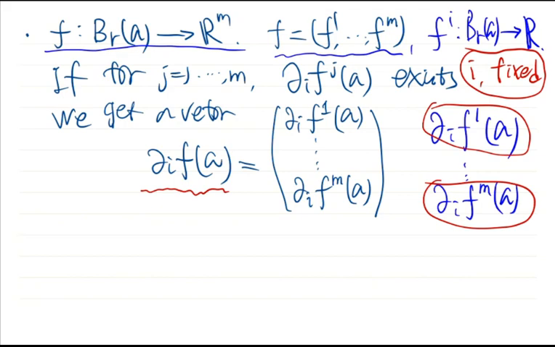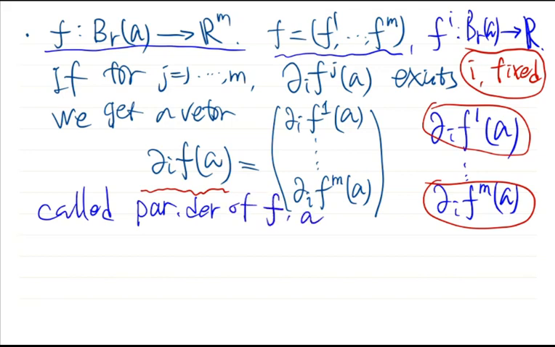This vector is also called the partial derivative of the vector valued function f at the point A with respect to x_i, the same as the real valued case. But now we consider the vector valued case.